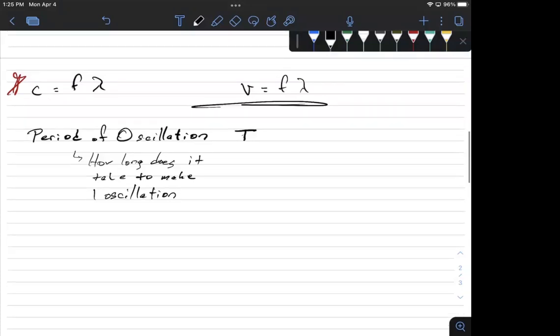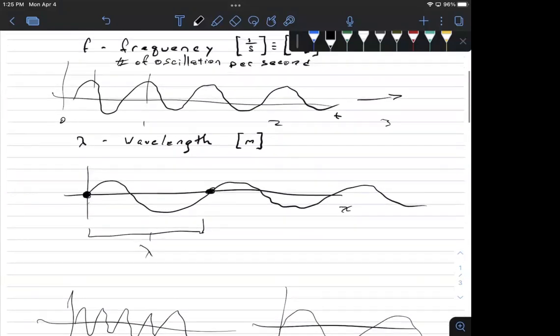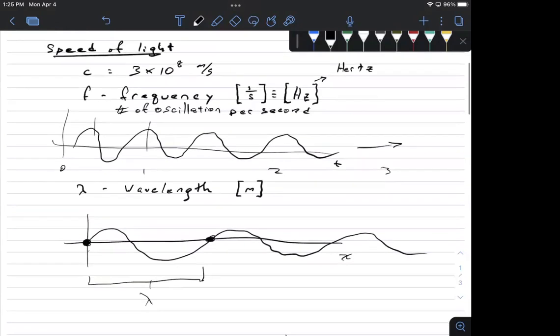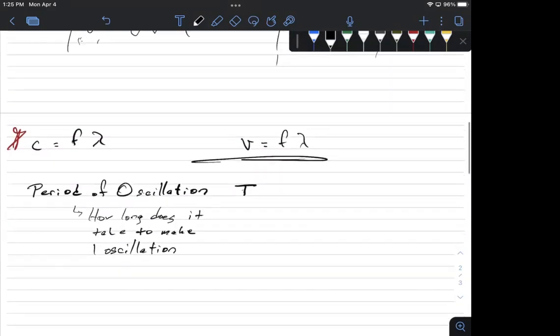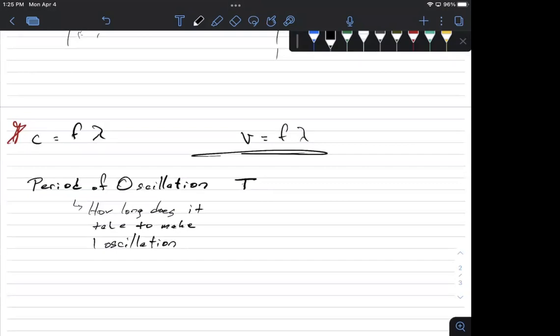So this is very, very similar to frequency. Frequency is how many oscillations there are in 1 second. Period is how long it is: how many seconds are there in one oscillation? So similar, but kind of the opposite of each other.